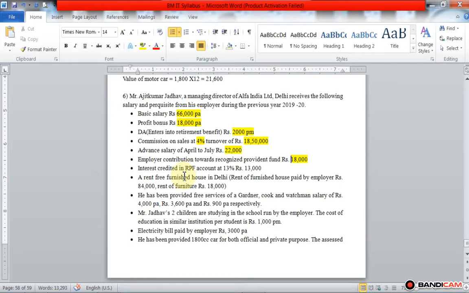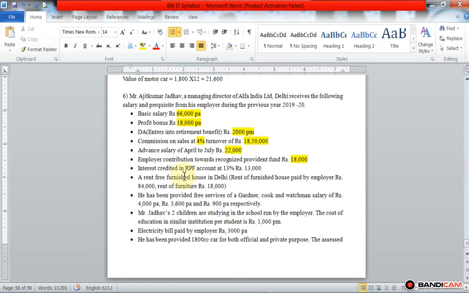First of all we have to find out the employer's contribution up to 12%. If this 18,000 is more than 12%, then the balance above 12% is taxable. If this 18,000 is within 12%, then it is exempted. Remember the tax treatment for recognized provident fund.